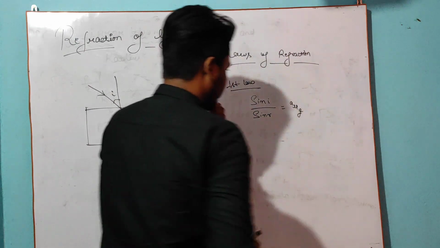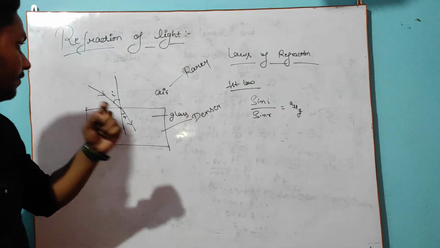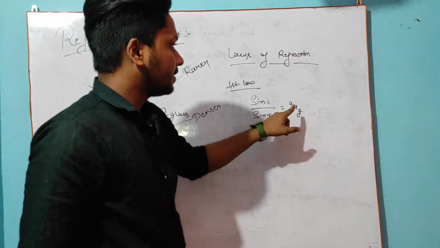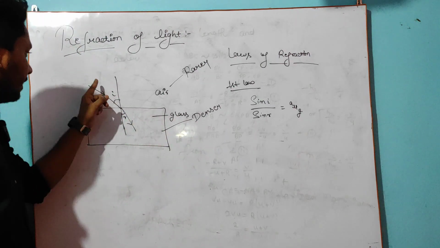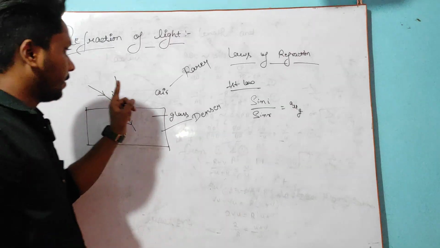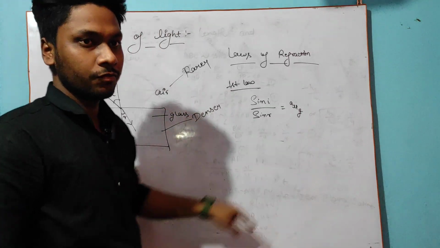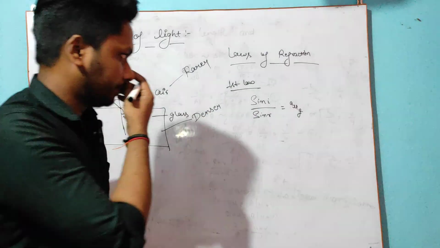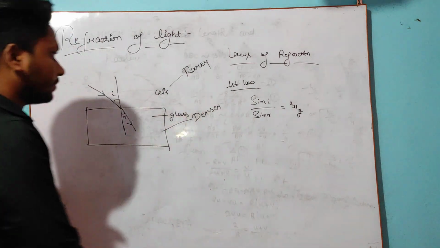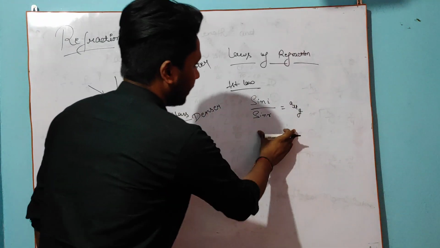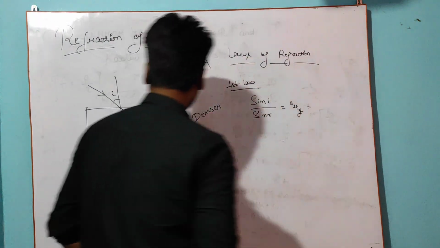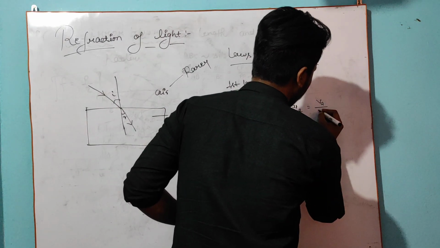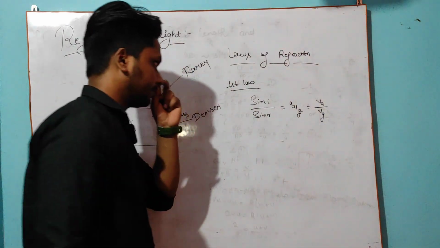We write this refractive index in this form. The upper index is the medium from which light enters, and the lower index is the second medium, a mu g. It is also defined as the velocity of light in air, Va, upon the velocity of light in glass.